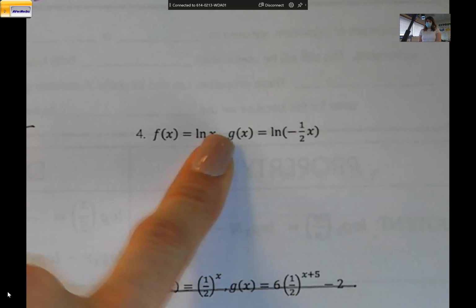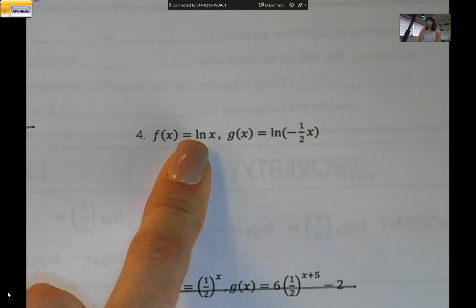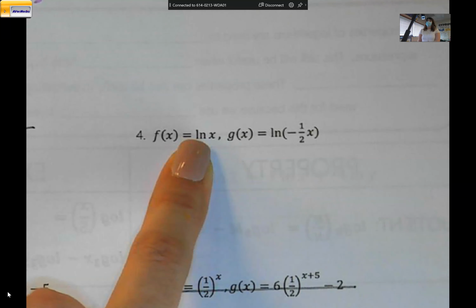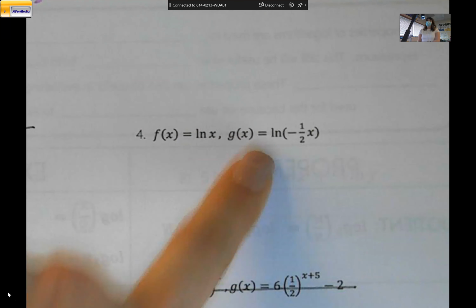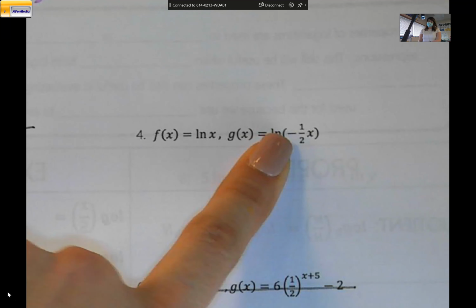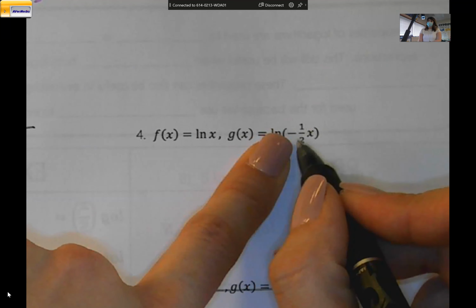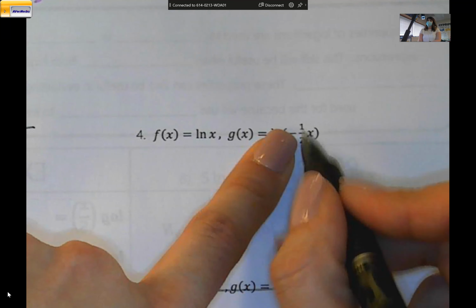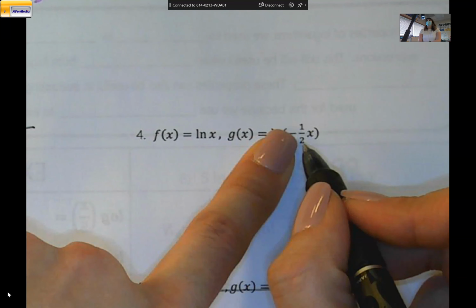Okay, next up, our original function is log with the natural base, so ln. Remember, that's ln, not in. This time, we've done 2 things. So we've reflected inside with the x, and then did some kind of shrink inside with the x.